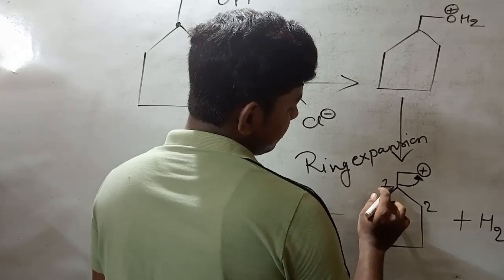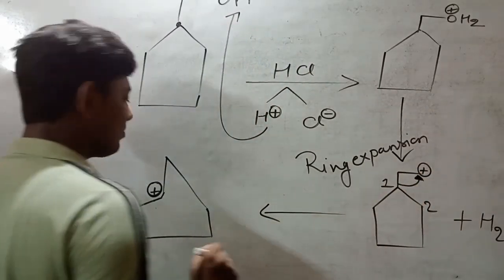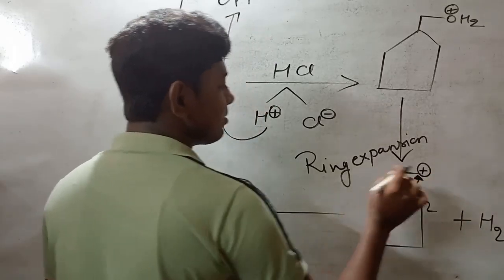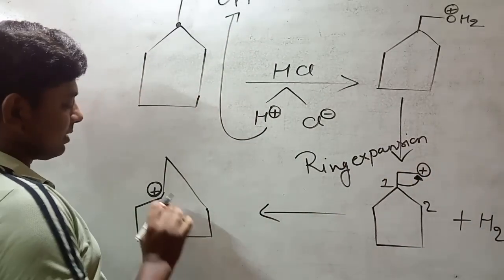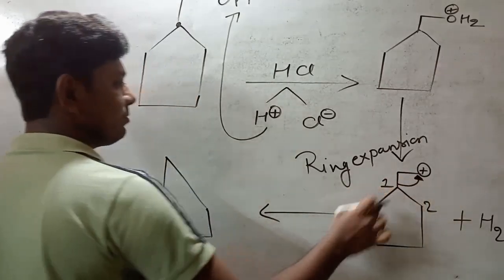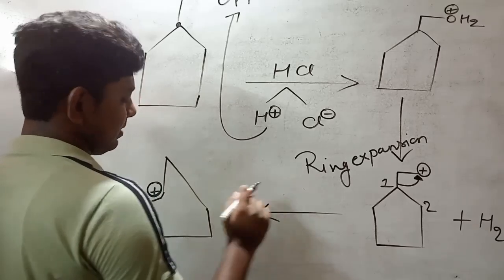This positive charge shifts: the 1 degree carbocation shifts to a 2 degree carbocation. So the positive charge shifts by one position of the carbon.